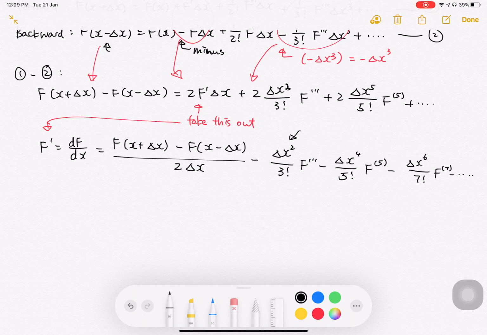So these are the error, and only n equals to odd number are left.